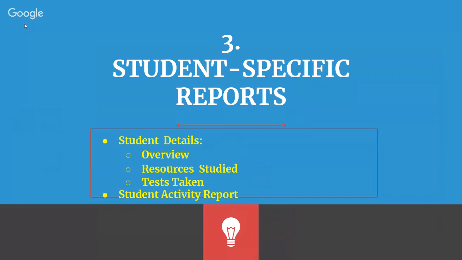So our next topic actually is student-specific reports. I'm just going to go on, Jamie, if that's okay. Sorry, I was muted. Okay, just interrupt me if you need to.